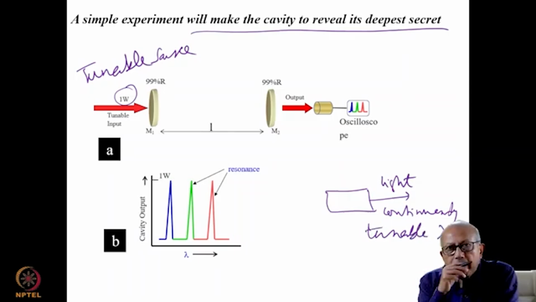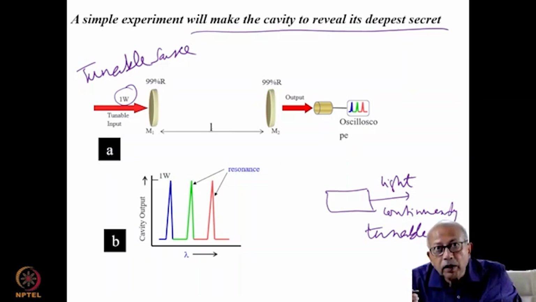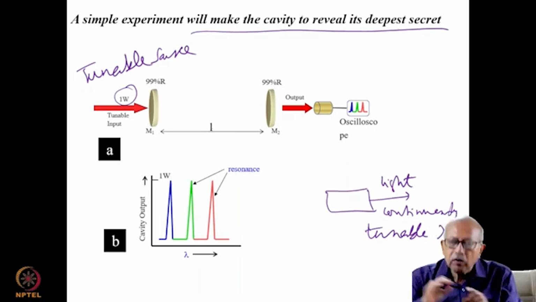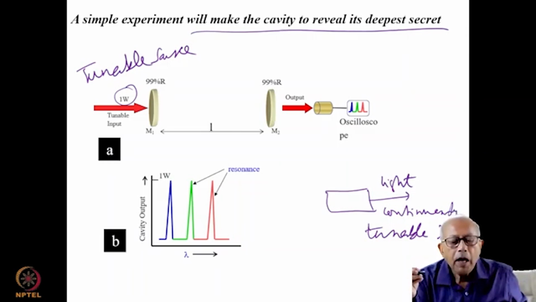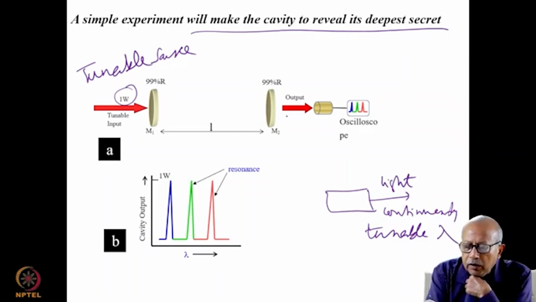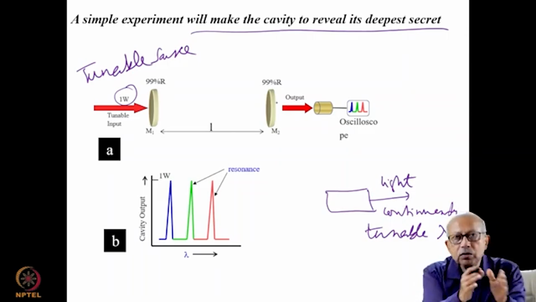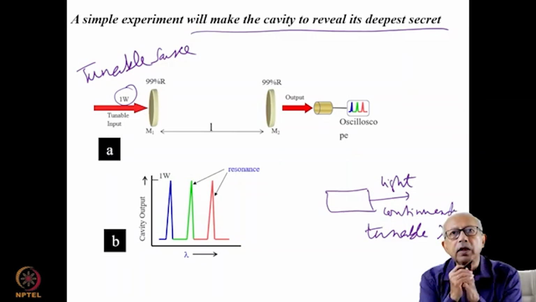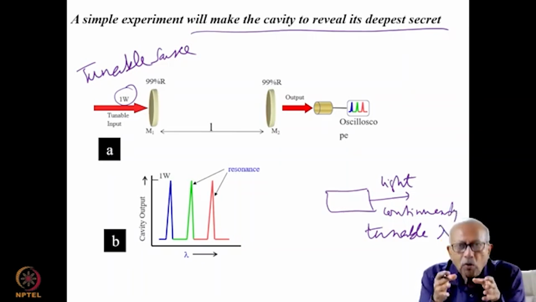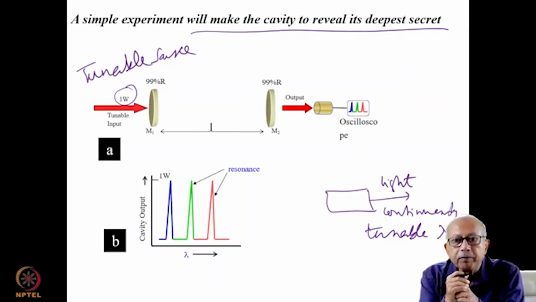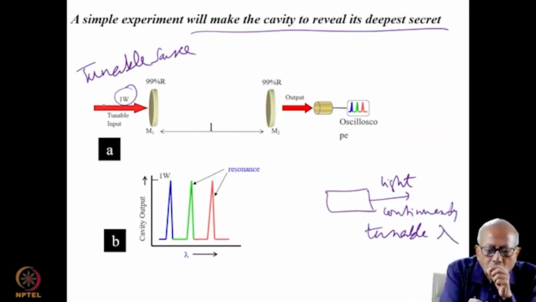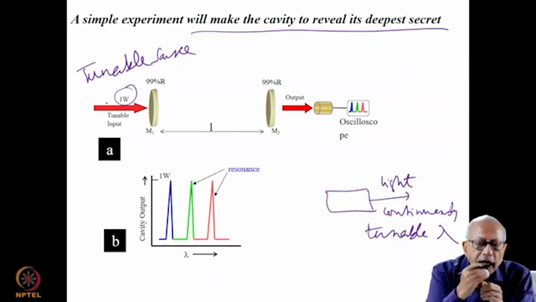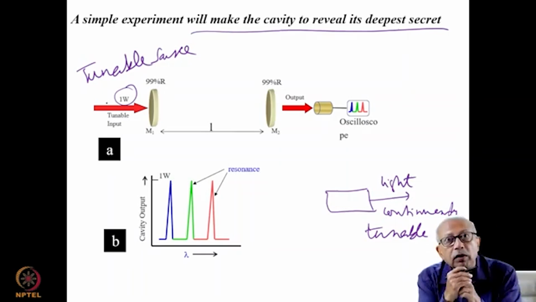That means the output wavelength of the laser can be changed continuously across a certain region of the spectrum. Because we just saw that the cavity would hardly transmit, we want to probe it in a deeper way, so we want to monitor the transmission of this cavity as a function of the wavelength, which we can change because this light is tunable.